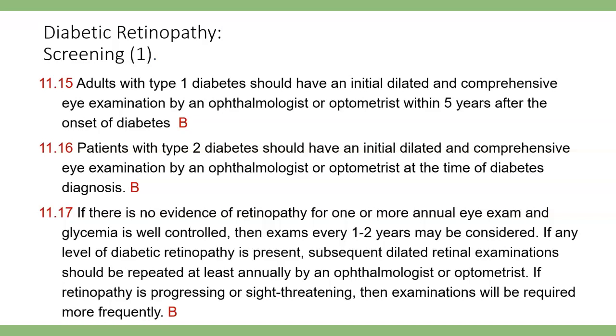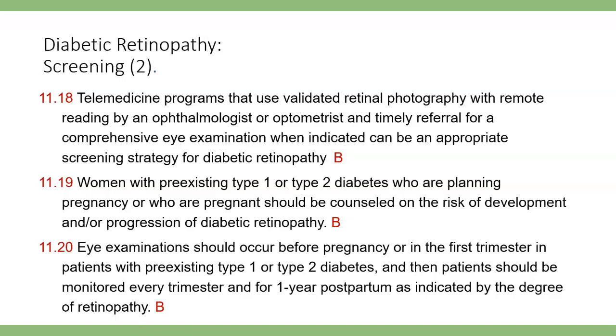Now, adults with a type 1 should have an initial dilated and comprehensive eye exam within 5 years, because remember, complications will usually come on a little bit differently than with type 2. By the time you're diagnosed with type 2, many times you've had diabetes or pre-diabetes for 10 years prior. Then you follow up every 1 to 2 years.